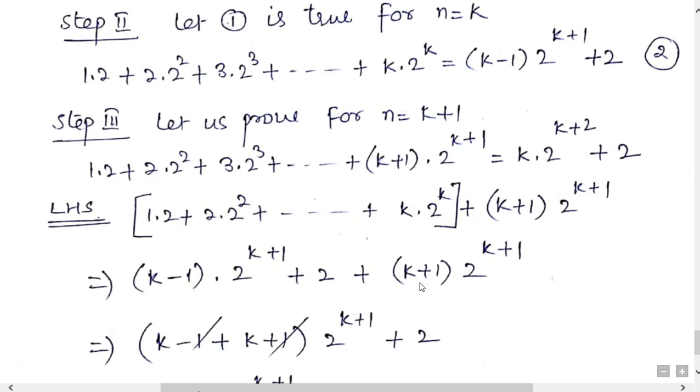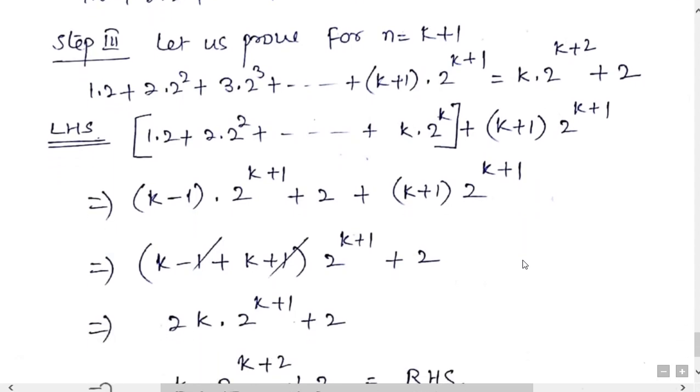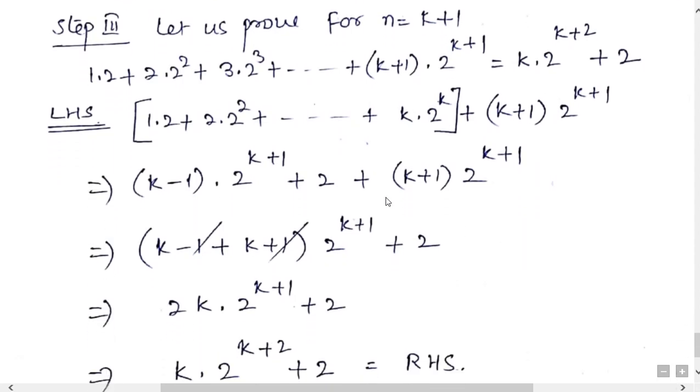And the last term is (k plus 1) into 2 raised to power k plus 1. Now check the first and the third term. 2 raised to power k plus 1 is common. And inside, k minus 1 plus k plus 1, the 1s cancel with each other. k plus k, it's 2k into 2 raised to power k plus 1, plus 2.